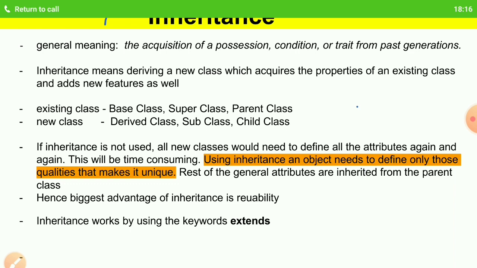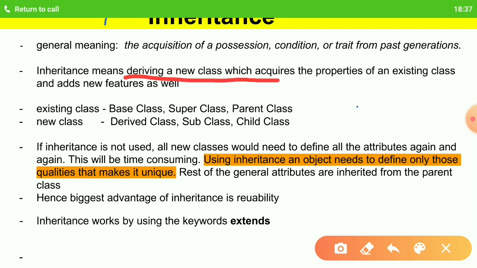So when you create a new class and you want the new class to have all the features of an existing class, that can be done through inheritance. So deriving a new class which acquires the properties of an existing class and adds new features as well, this is known as inheritance in OOP.